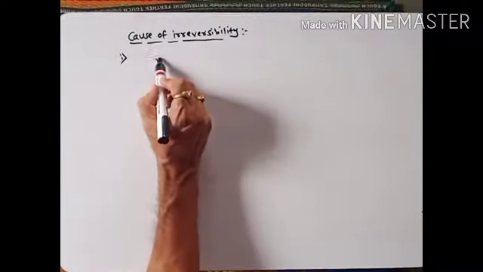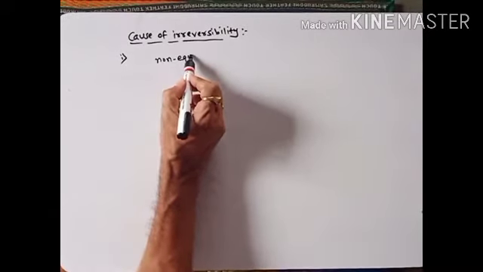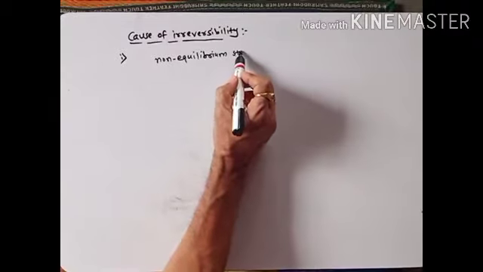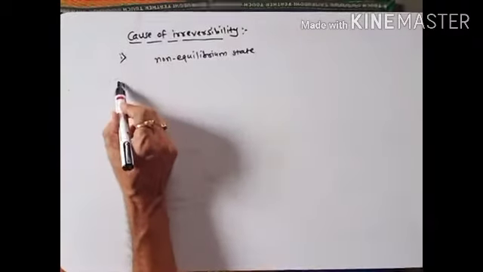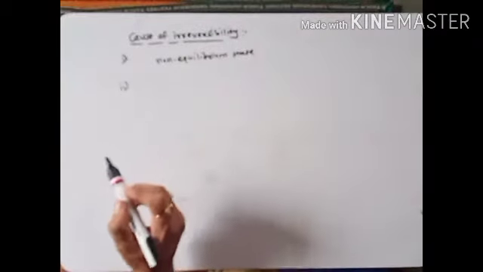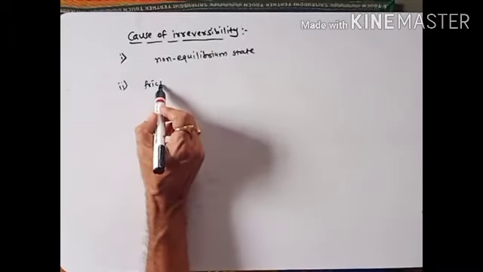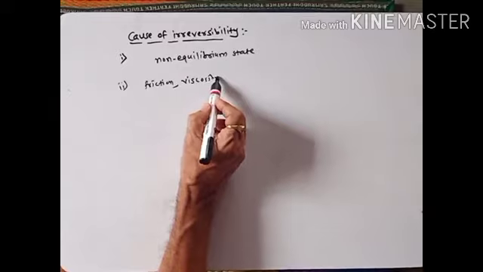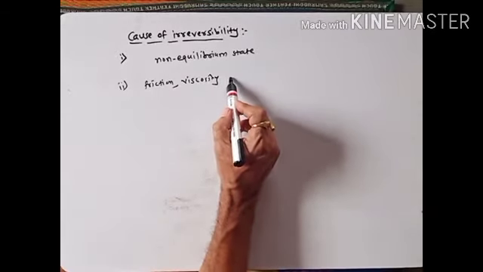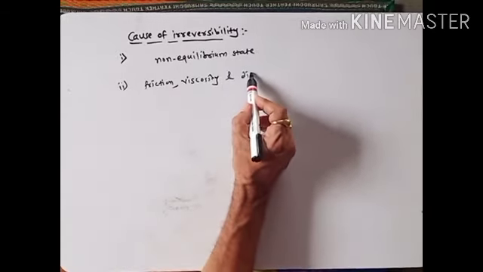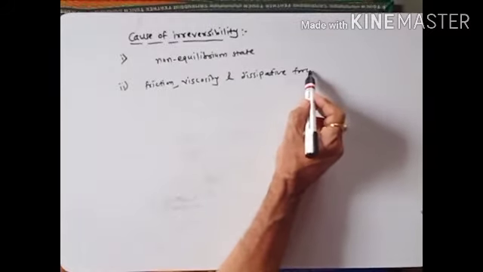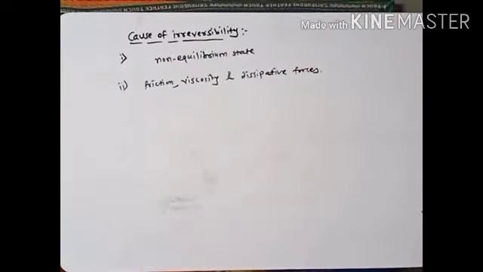That means the system goes to a non-equilibrium state. This is the first cause. And second, most processes involve friction, viscosity, and some dissipative forces. And due to those forces, there is loss of energy. These are some causes of irreversibility.